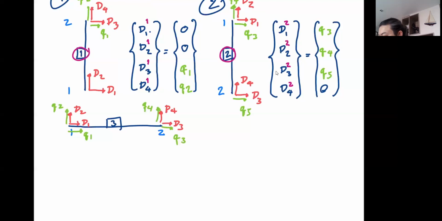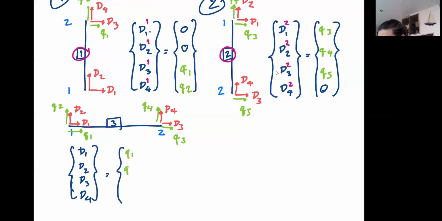So I can just write the matrix here now: D1, D2, D3, and D4 is going to be essentially Q1, Q2, Q3, and Q4. Okay, and that's it.